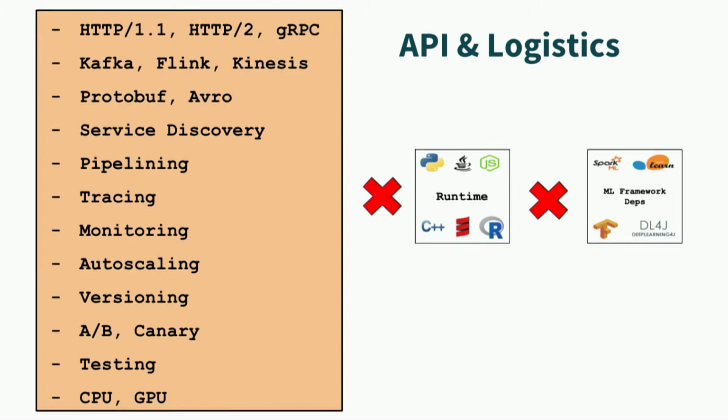The one thing I wanted to highlight as well: when we talk about machine learning deployment, the level of requirements for this type of API and logistics is much higher than for ordinary microservices. For example, when you have an ordinary Java microservice, you might have a variety of unit tests.